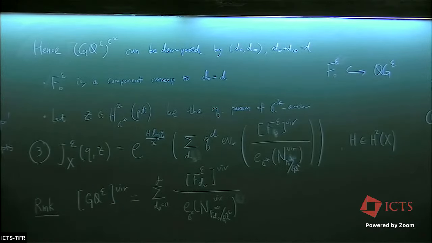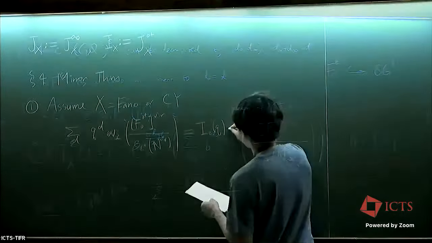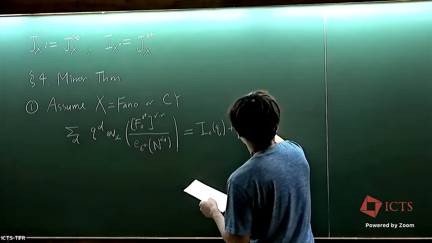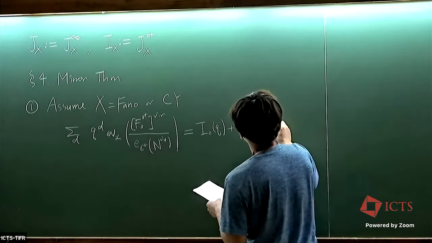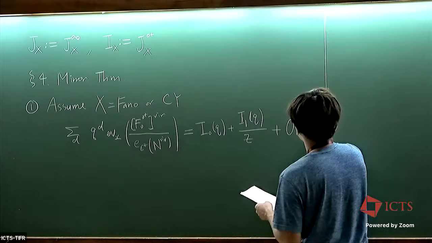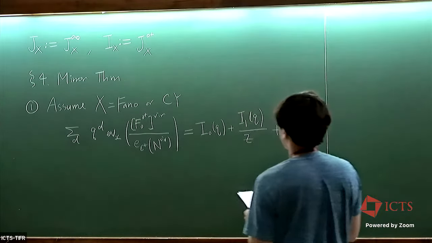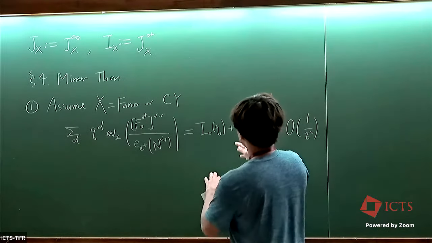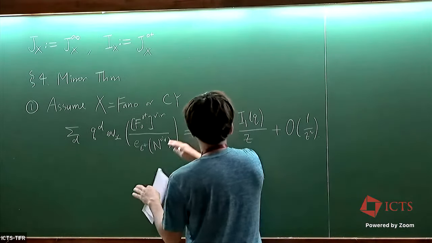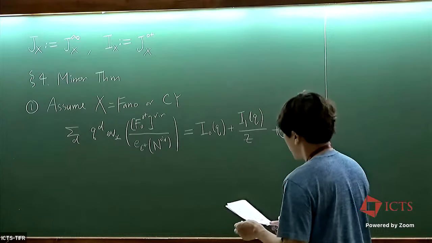So now let's expand this rational function in z into 1 over z terms. After expanding, we get this. This is possible because it's Fano or Calabi-Yau. Otherwise, some positive powers of z can appear.